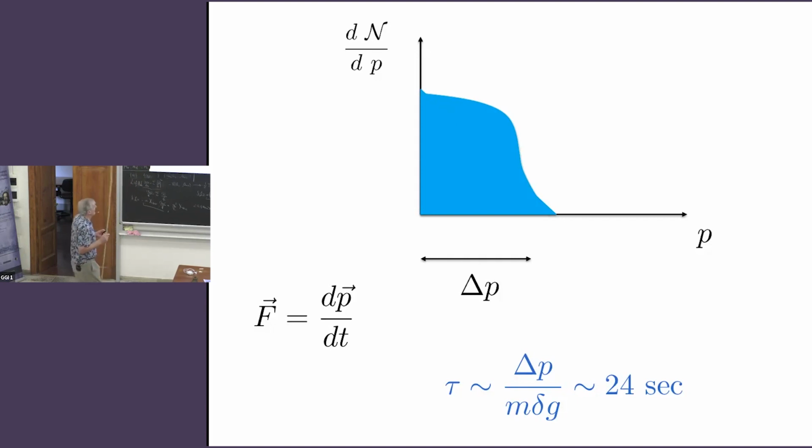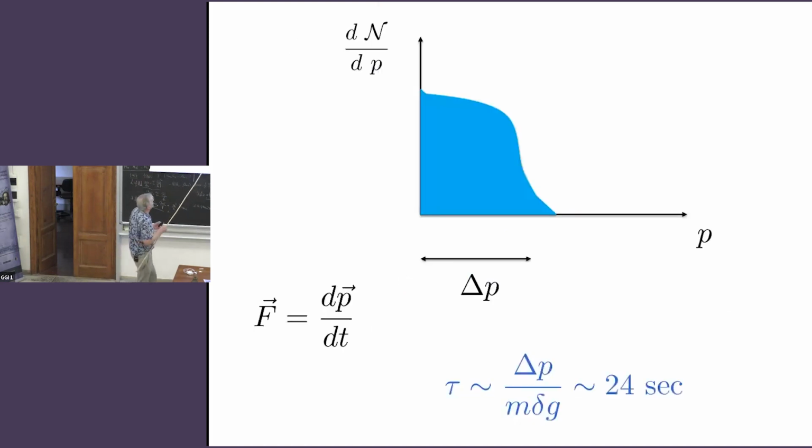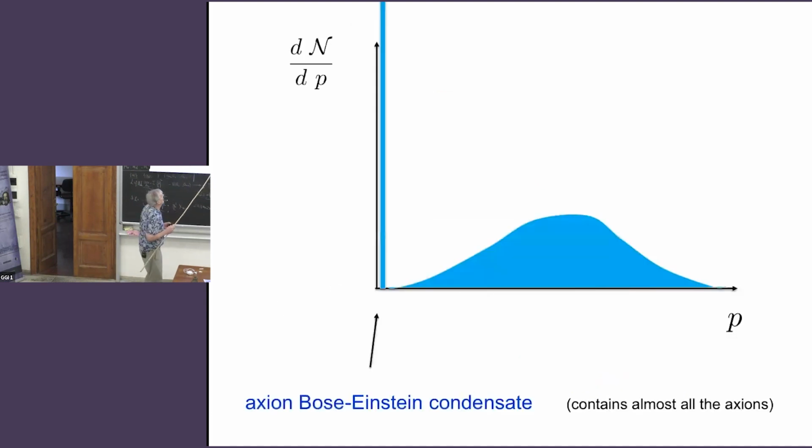And if you ask what is the state of highest entropy, it is one in which you put all the particles in the lowest state, the state of lowest energy possible, and you produce a thermal distribution above that, in principle. But the phenomenon of Bose-Einstein condensation is very, sorry.